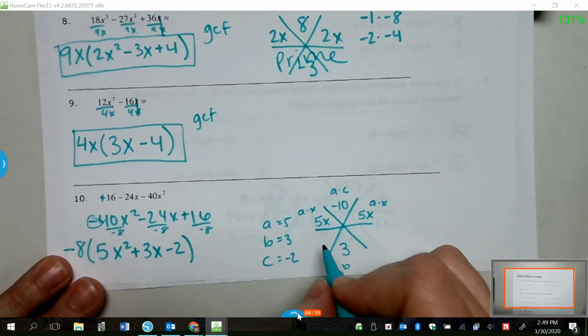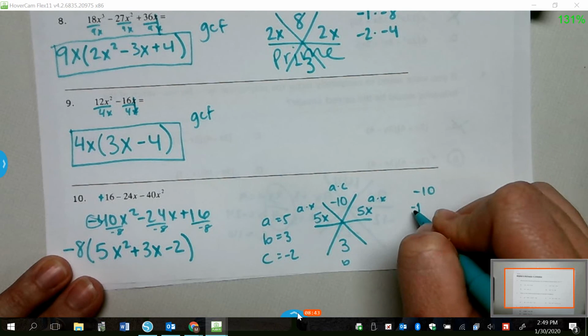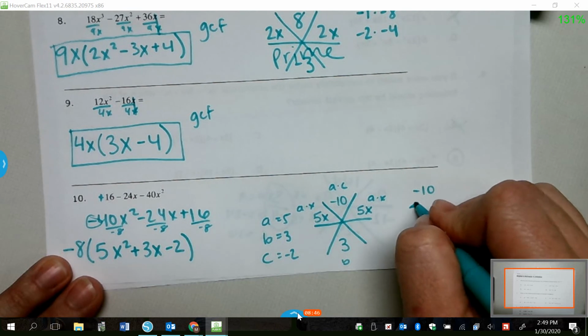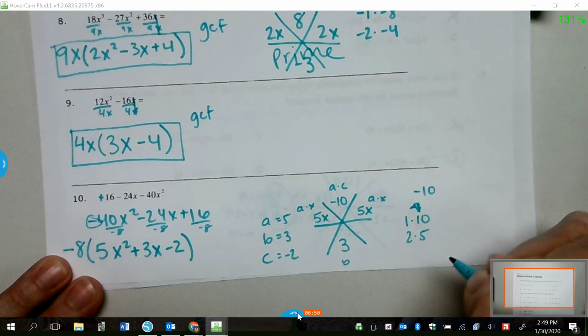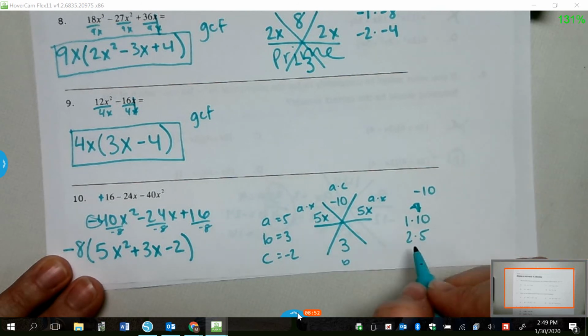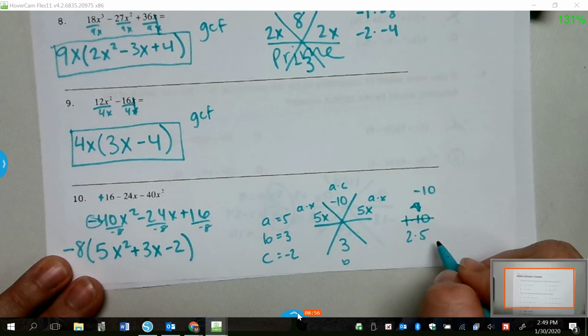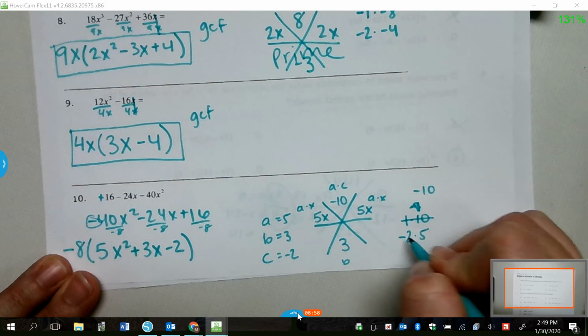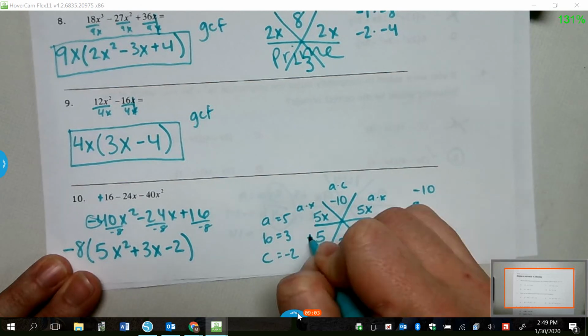Knowing that, what multiplies to give me negative 10 but adds to 3? I'm just going to do my factors of 10. 1 times 10, 2 times 5, nothing else. Now, it's negative, so one of these has to be negative. 1 and 10 will never make a 3, but 2 and 5 could. So 5 minus 2 is 3. So those are my numbers.